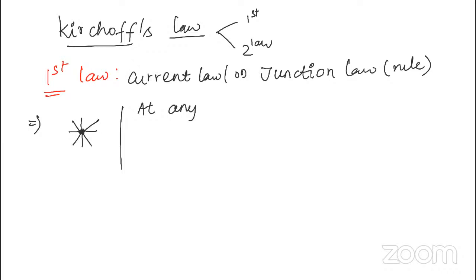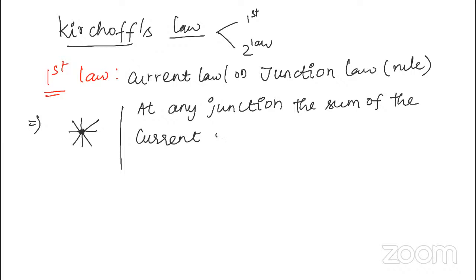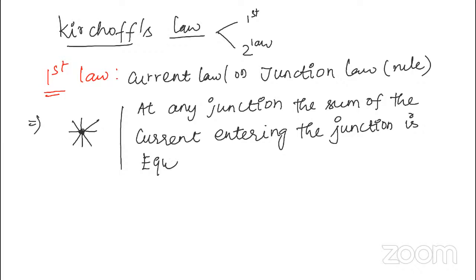The sum of the currents entering the junction is equal to the sum of the currents leaving the junction.